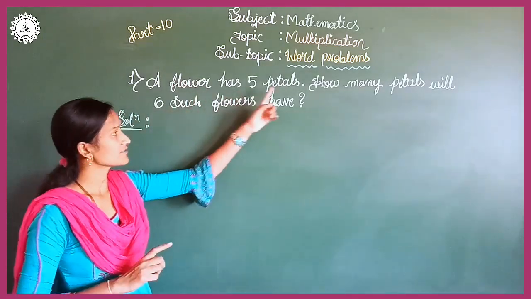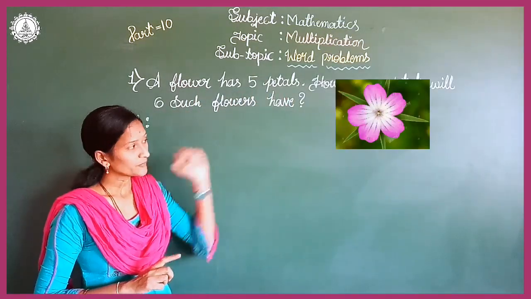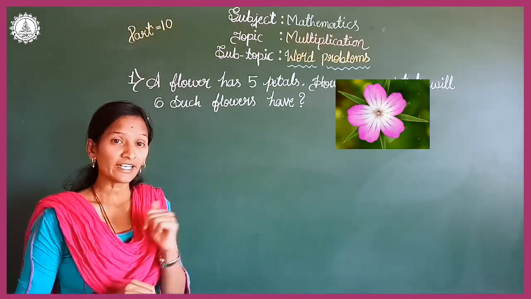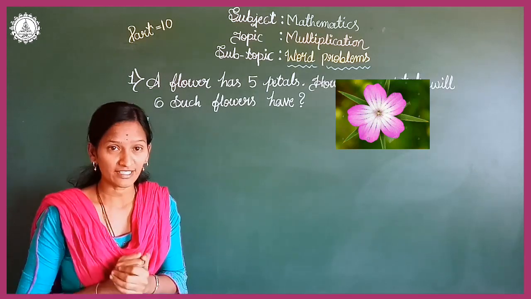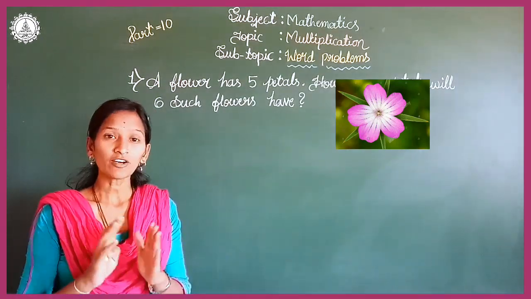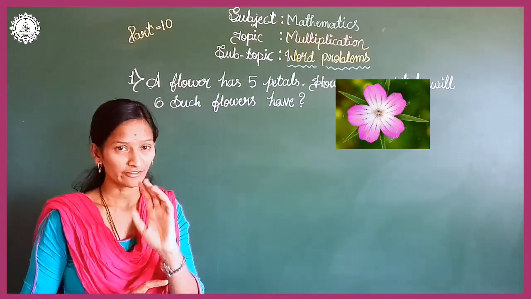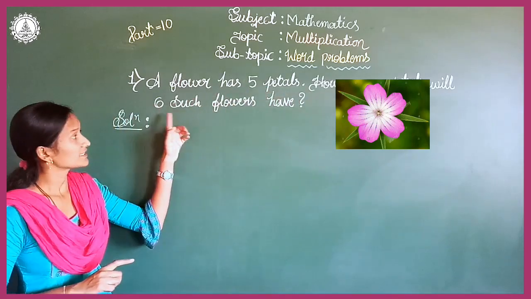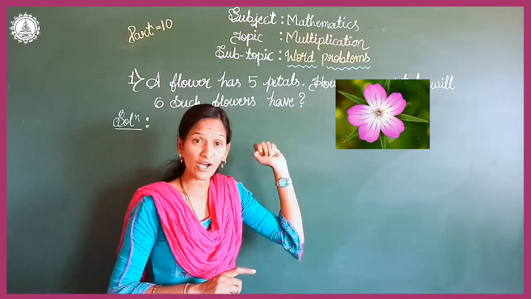A flower has 5 petals. See here. Here is a beautiful flower. So let's count the number of petals. 1, 2, 3, 4, 5. The number of petals is 5. Look here. How many petals will 6 such flowers have?